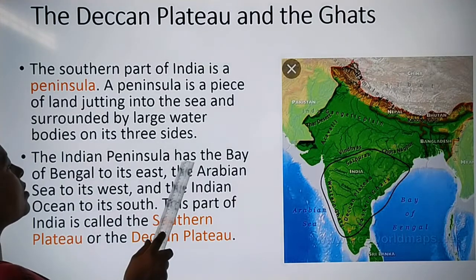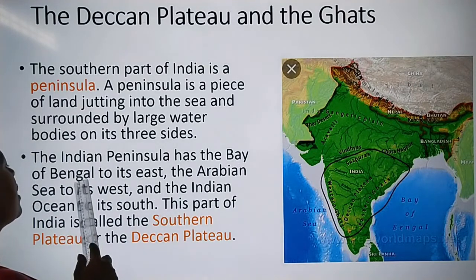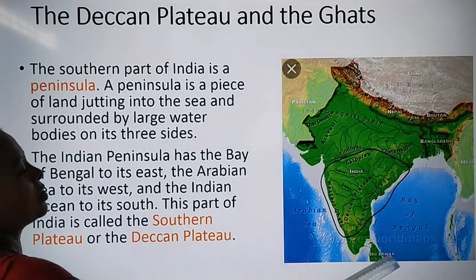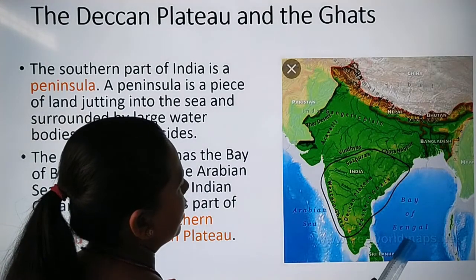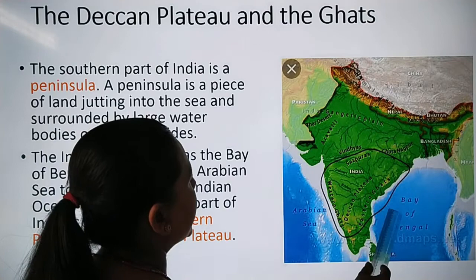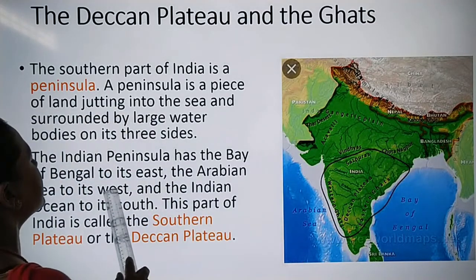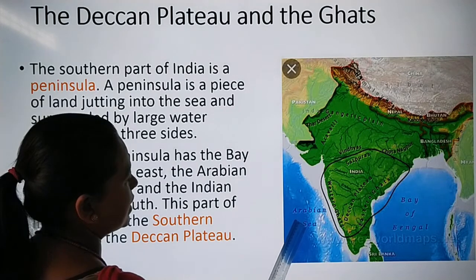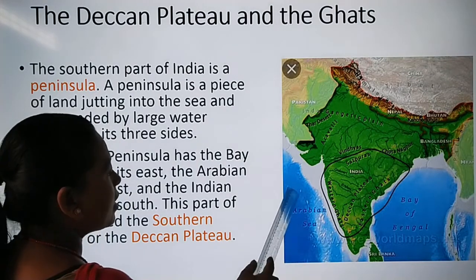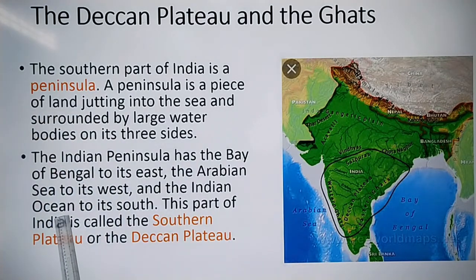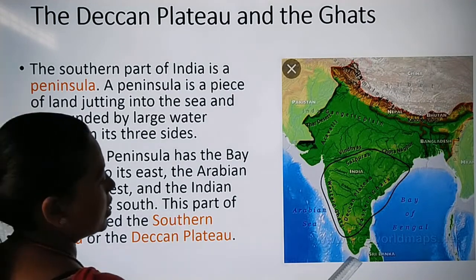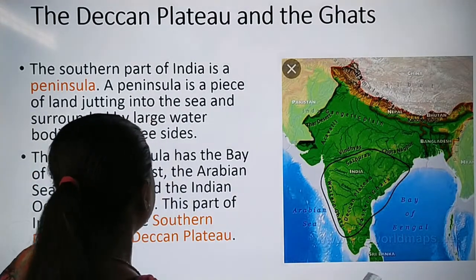The Indian Peninsula has the Bay of Bengal to its east, the Arabian Sea to its west, and the Indian Ocean to its south.